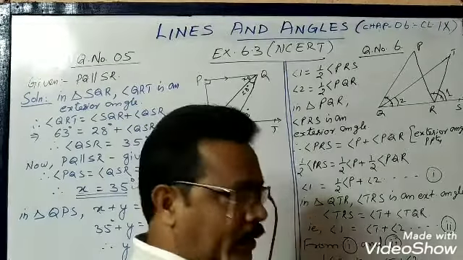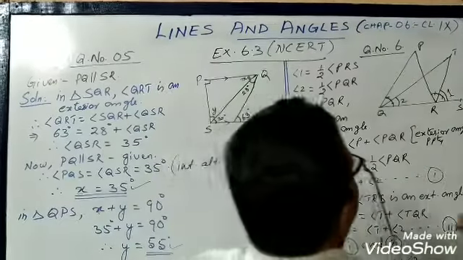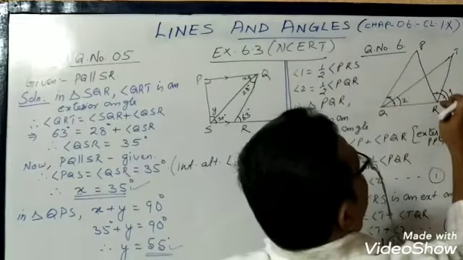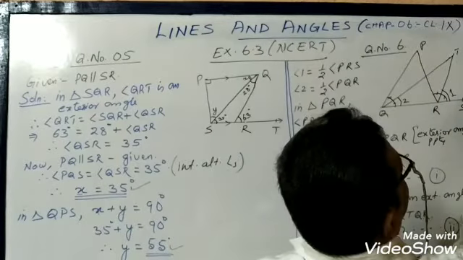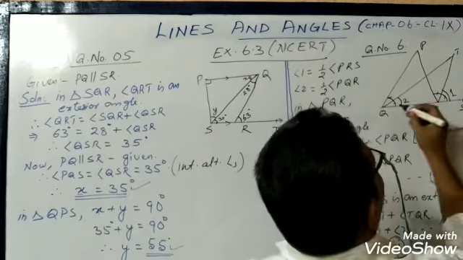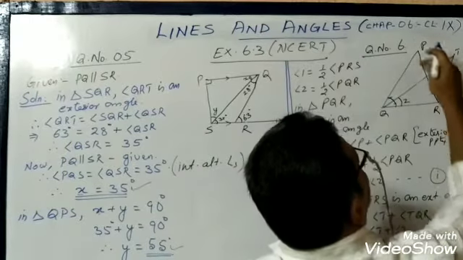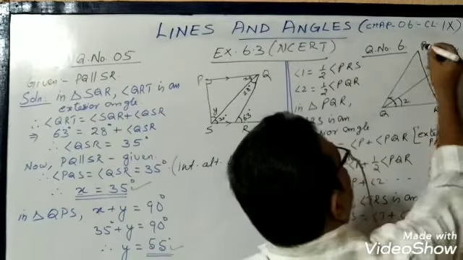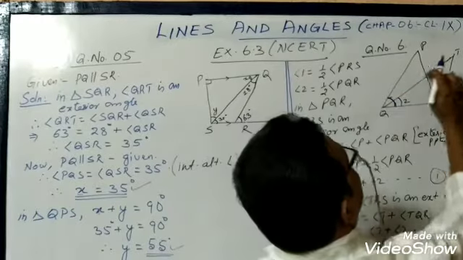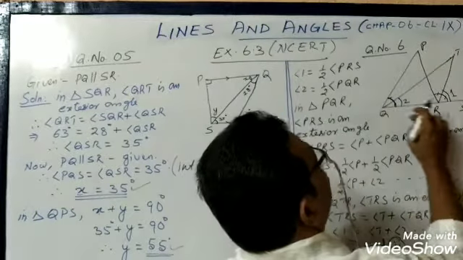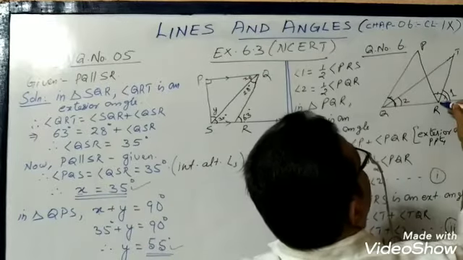Try to understand the question once again. In triangle PQR, the side QR is extended to a point S. QT is the bisector of angle PQR and RT is the bisector of angle PRS.